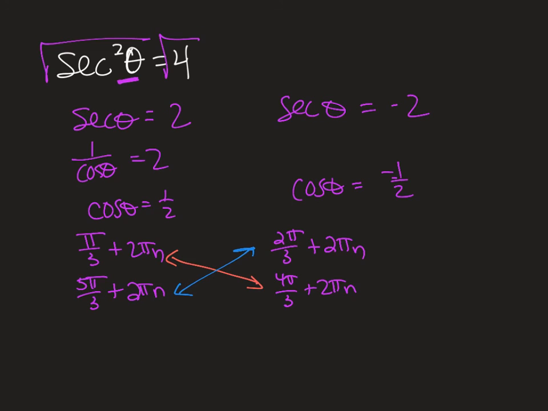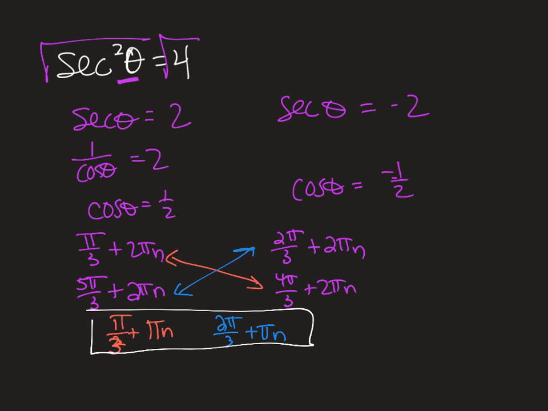So you can actually write them just as pi over 3, oopsies, I don't know why I wrote a 2, pi over 3 plus 2, nope, again, goofball, plus just 1 pi, and there we go. That takes care of those two reds that I connected with the red line. And then 2 pi over 3 plus pi n takes care of what I connected with the blue line. So there's your, again, all solutions, right?